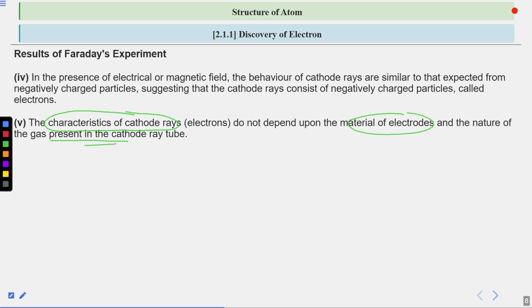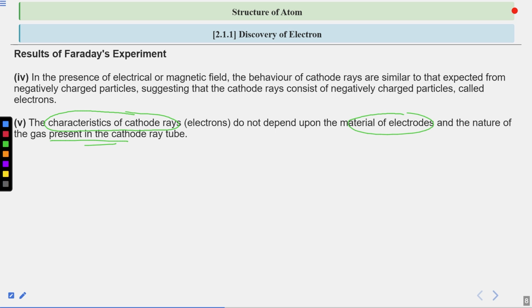In response to that high energy, the electrons are plucked out. You can think it's similar to plucking a fruit. You apply force on the fruit, then it is detached from the plant. Here we are applying force in terms of electrical energy, and that force is plucking out the electrons from the atom, or the gaseous molecules that are present.